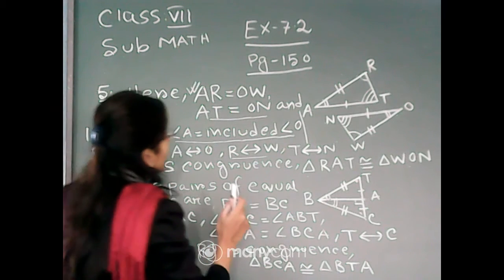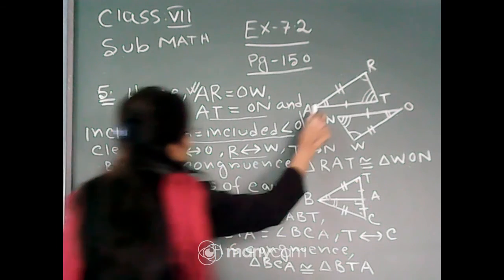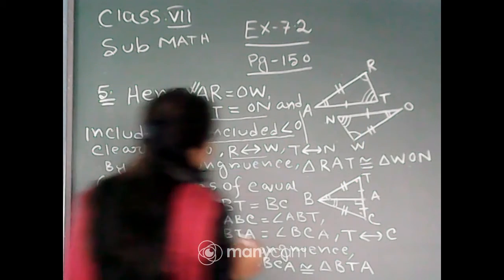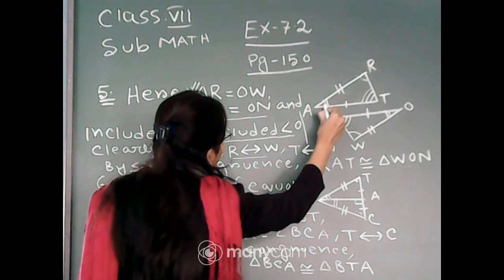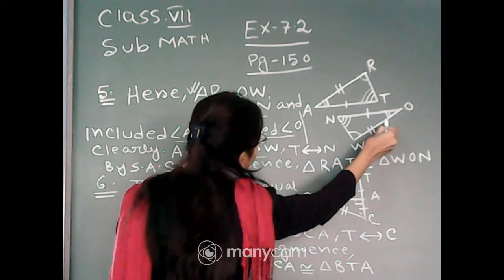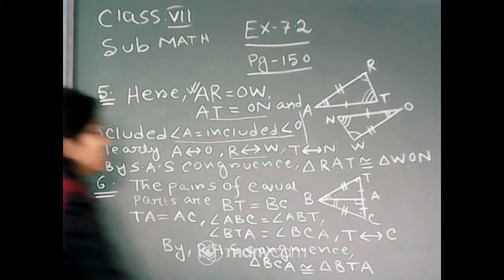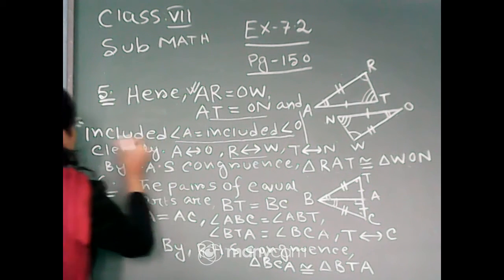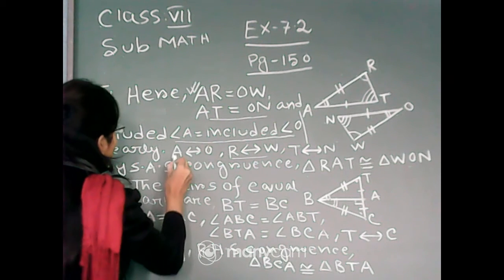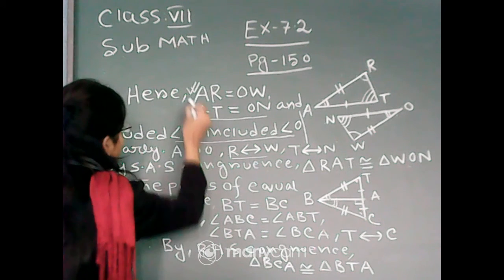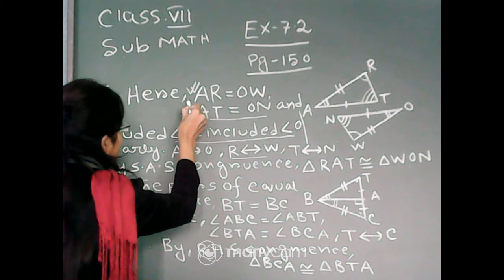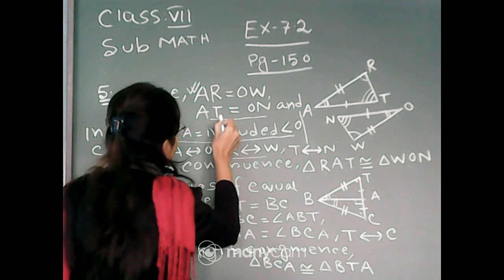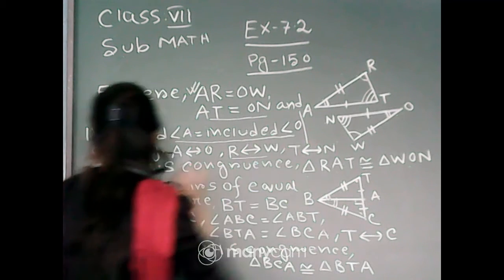Also, side AT is equal to side ON, and included angle A is equal to included angle O, and these are given. From these we can say that A corresponds to O, R corresponds to W and T corresponds to N.